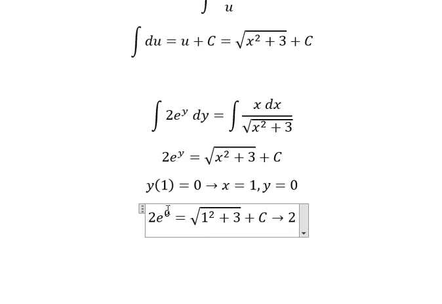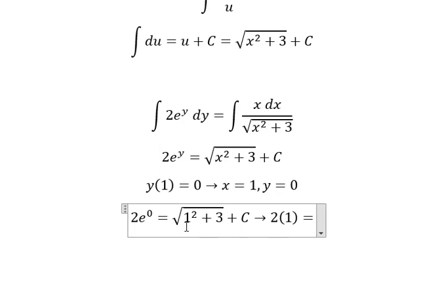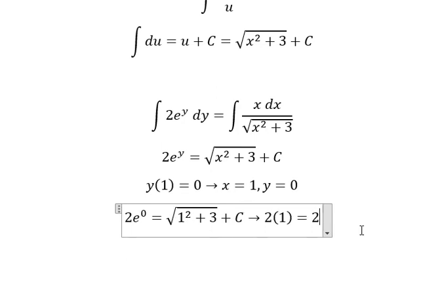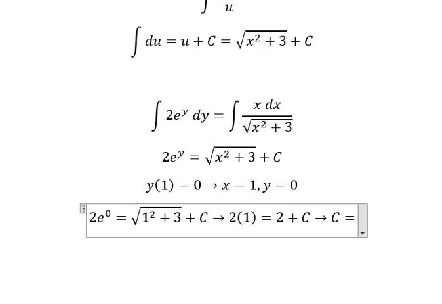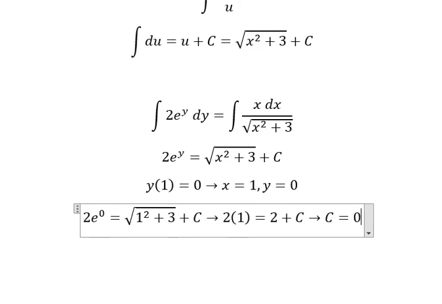So e to the power of 0, you got number 1. 1 square plus 3, you got number 4. The square root of number 4, we have number 2. So 2 minus 2, you got 0. So c equals to number 0.